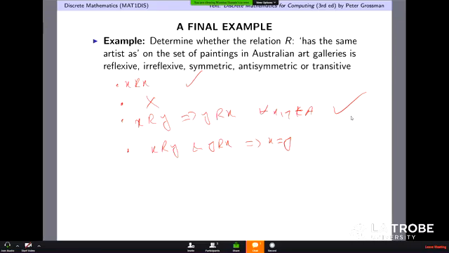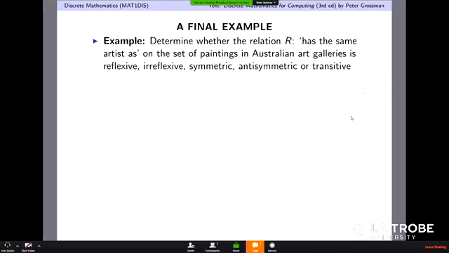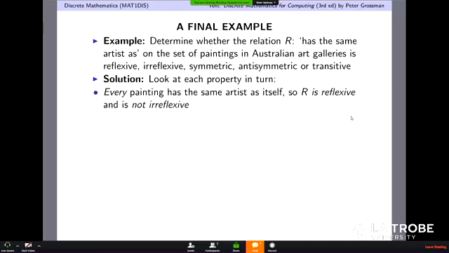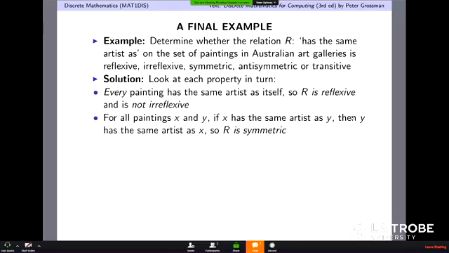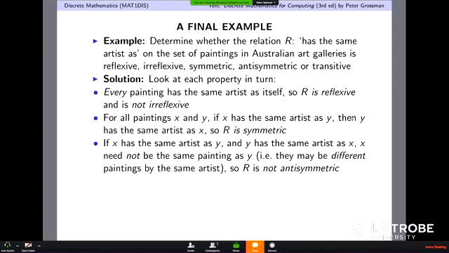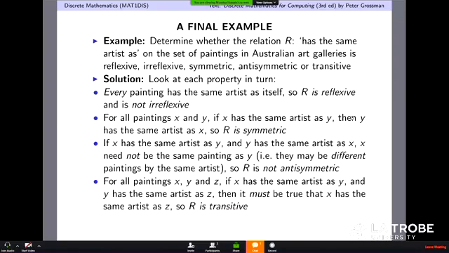If X and Y are painted by the same artist, and Y and Z are painted by the same artist, that means X and Z are painted by the same artist. So it is reflexive, not irreflexive, symmetric, not antisymmetric, and finally transitive.